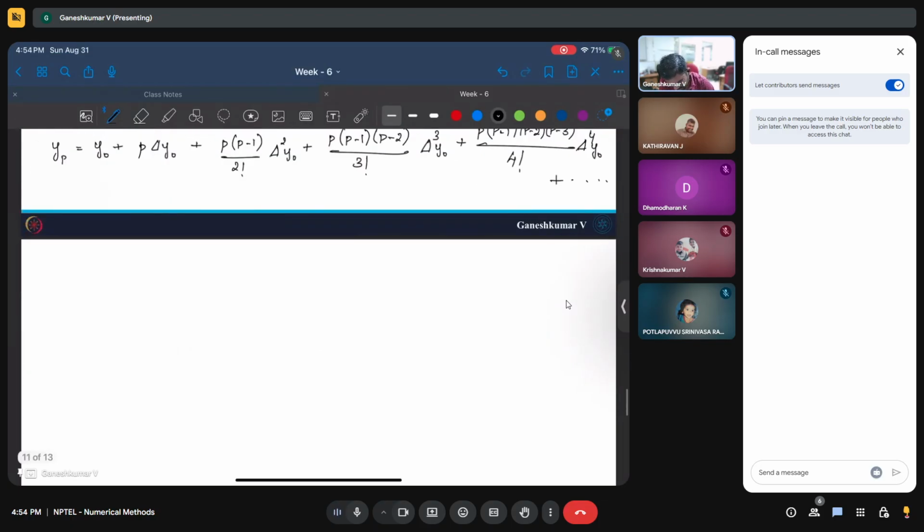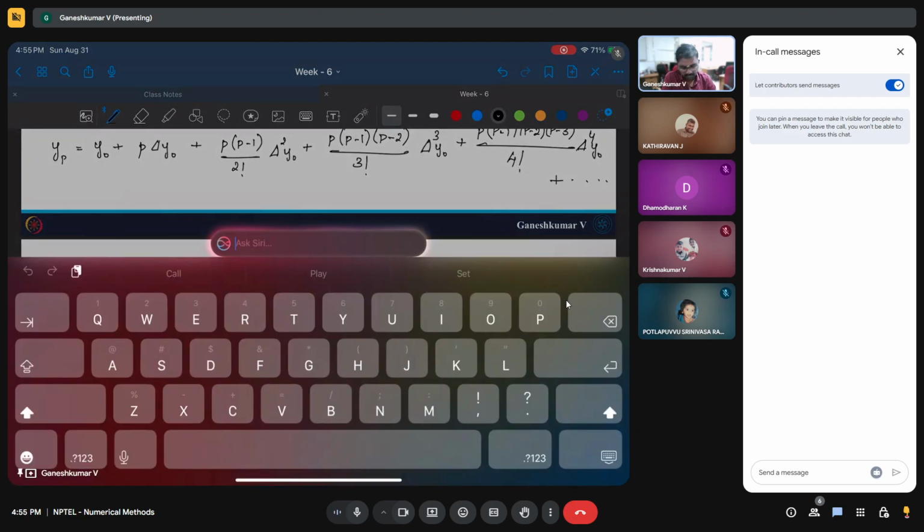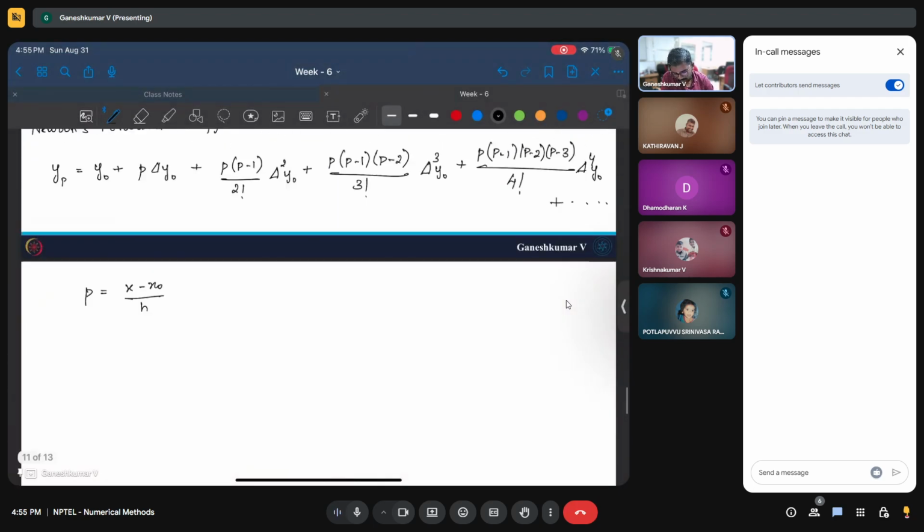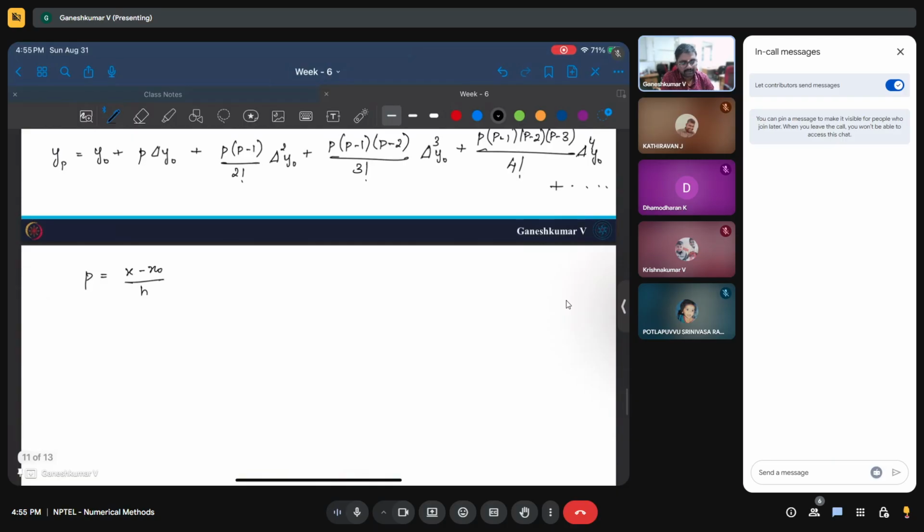But what you need is dy by dx. You might think, where is x here? So let's write that down. First, we need to know what is p. P is x minus x naught divided by h. What we are looking for is x here, which is t.